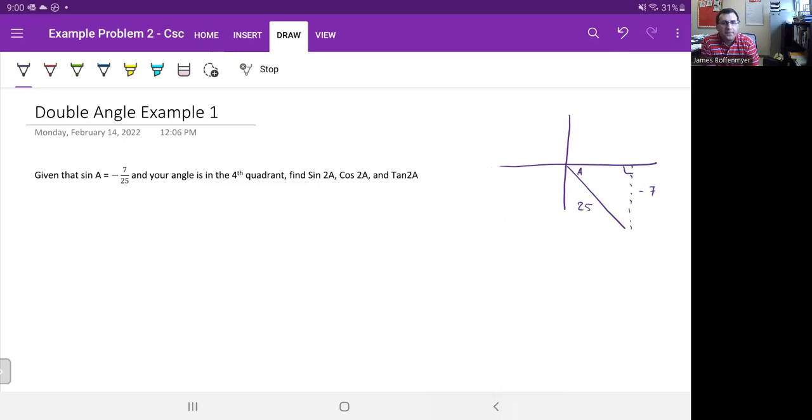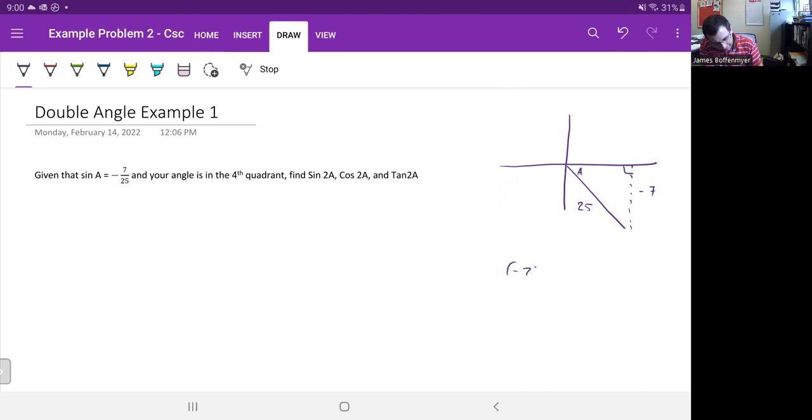To figure out the missing value, we do the Pythagorean theorem. See, this is why I didn't like those tricks earlier, because the tricks really don't work on triangles other than like 3, 4, 5, and things like that. So it's very good to be familiar with the Pythagorean theorem.